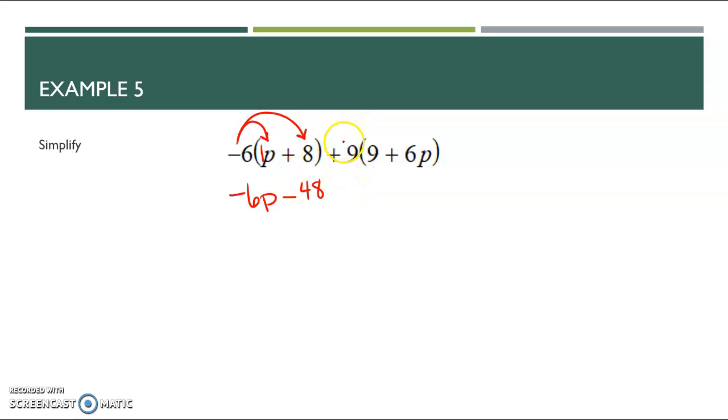And now we're going to do 9 times 9, so it's positive, so it'll be plus 81. And then 9 times 6, which is 54, and that's with a p because it's 6p, so 54p. So that's our distributive property. We've done the distributive property, right?